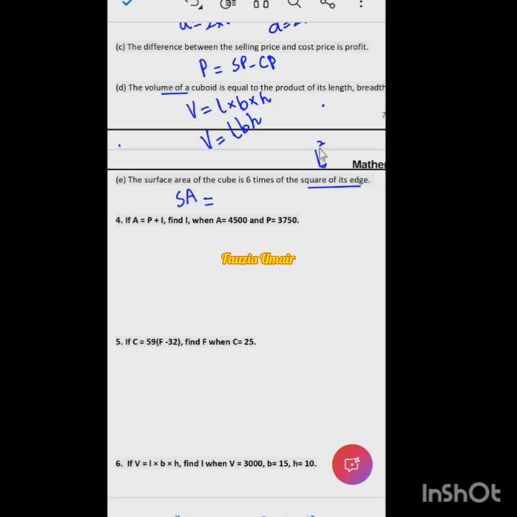Okay? We took the side as L, L is the length of one side, so L square, square of its edge, 6 times L square, so 6 L square. This is the formula you will probably learn in the next term, volume and surface area of cube and cuboids, right?